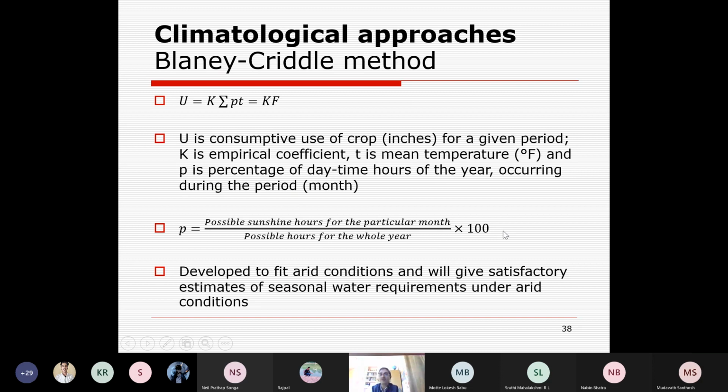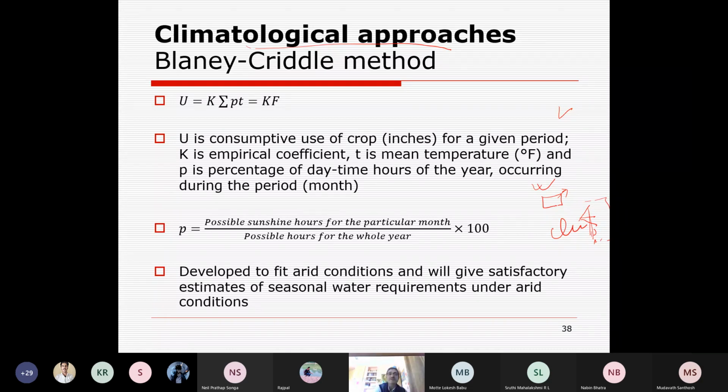Third is pan evaporation, that is used to estimate actual and potential evapotranspiration. And the fourth one is the climatic or climatological approach. What is climate? I told you there are 5 basic components of climate: temperature, precipitation, solar radiation, wind speed, and atmospheric pressure. So we use these information, or either of these, to find out how much water will get removed from the system.